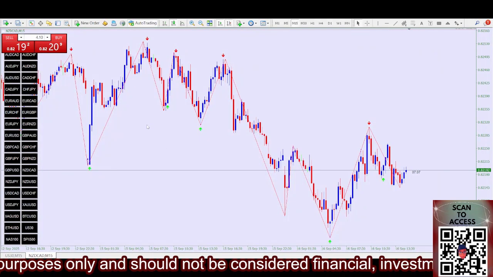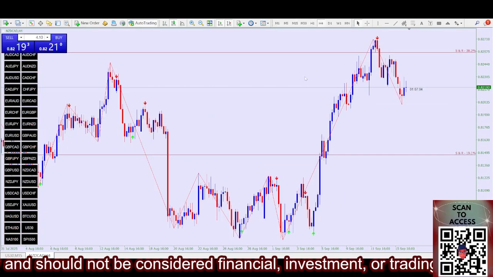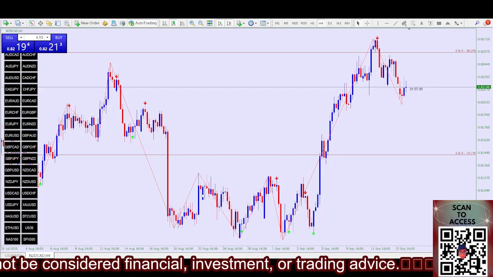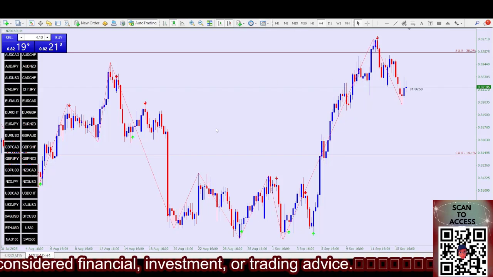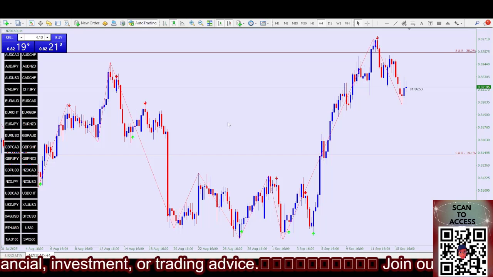So let's look at the market. If we also look at the New Zealand card. The idea of what I've just shown is mainly for intraday trading. I'm an intraday trader.